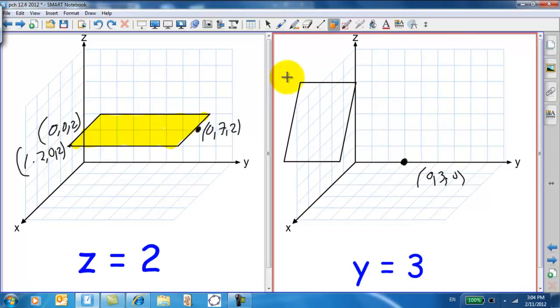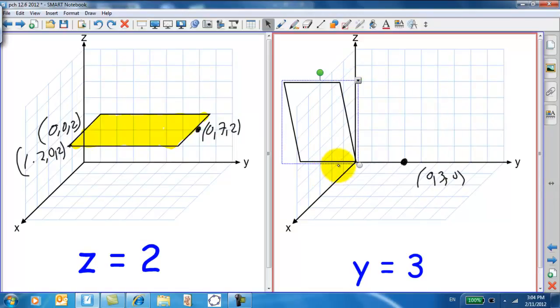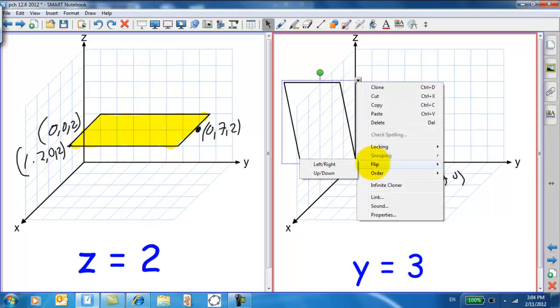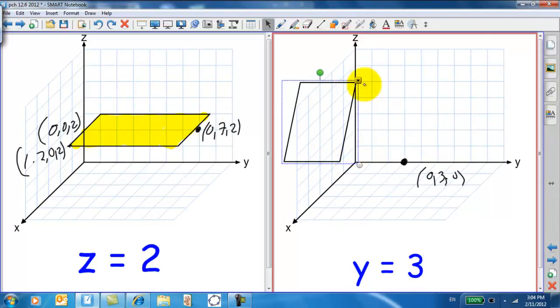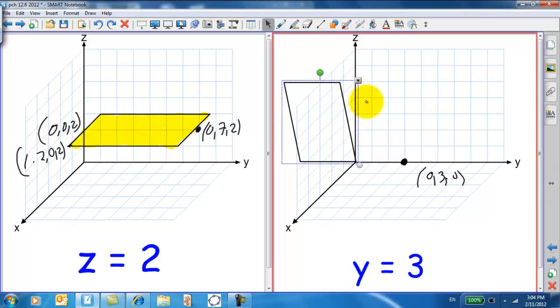If you don't like that, you can always take an object and flip. Up, down. Oh, that was not the right flip. Flip. Left, right. Flip again. Yeah, that's not going to do it. Let's just draw it. It's alright.